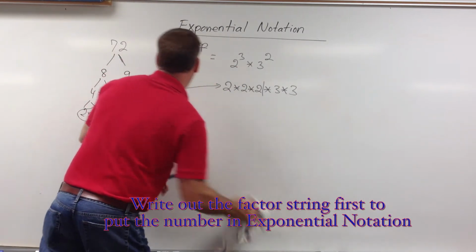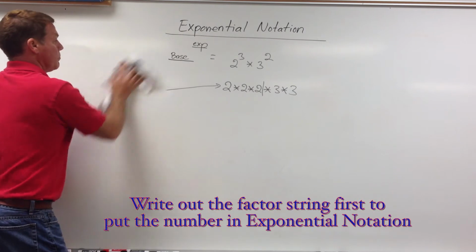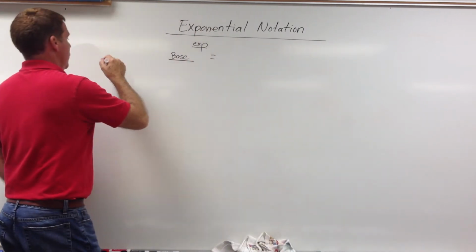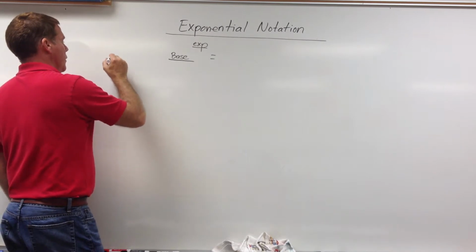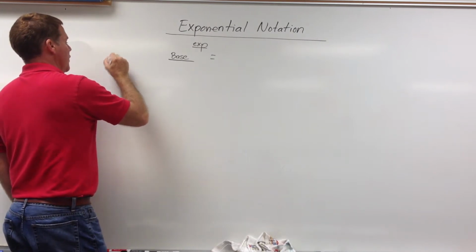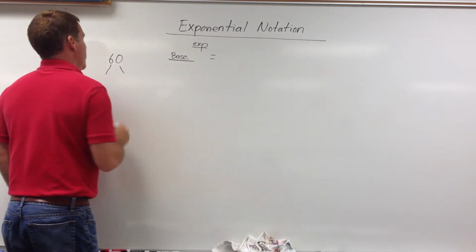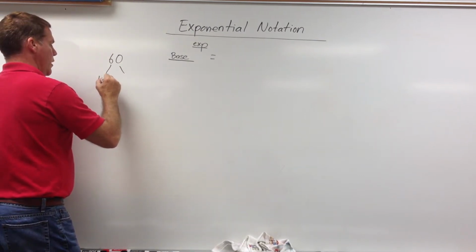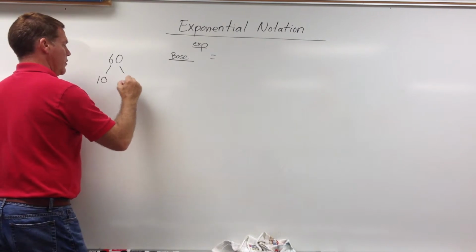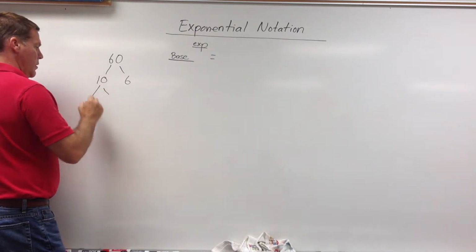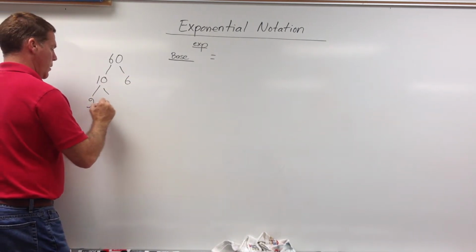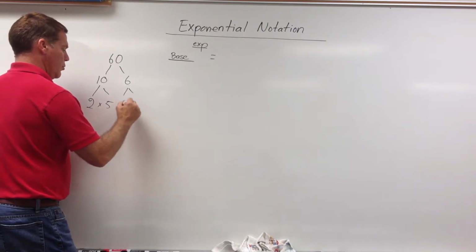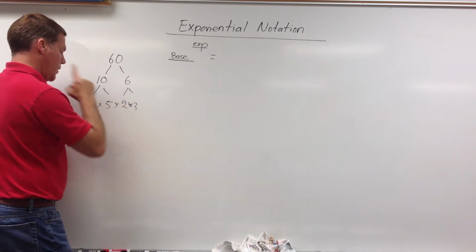So let me go ahead and try it with one other number. Let's see here. I'll try something, let me see, 60. Okay? 60 is equal to 10 times 6. 10 is equal to 2 times 5. 6 is equal to 2 times 3.